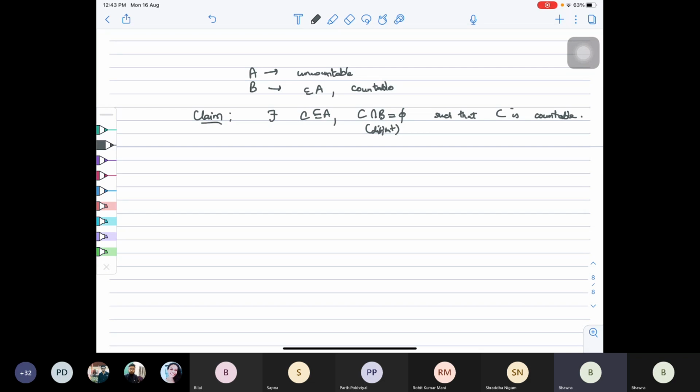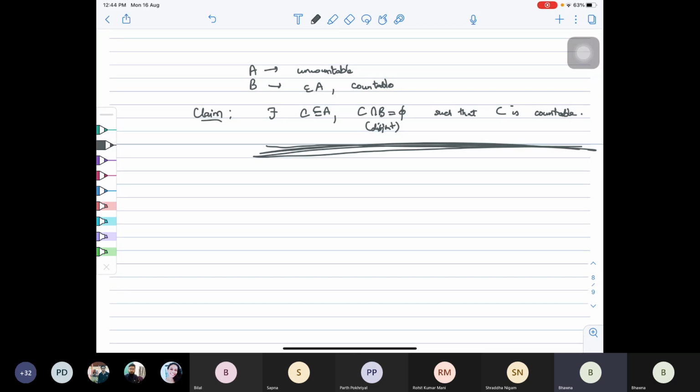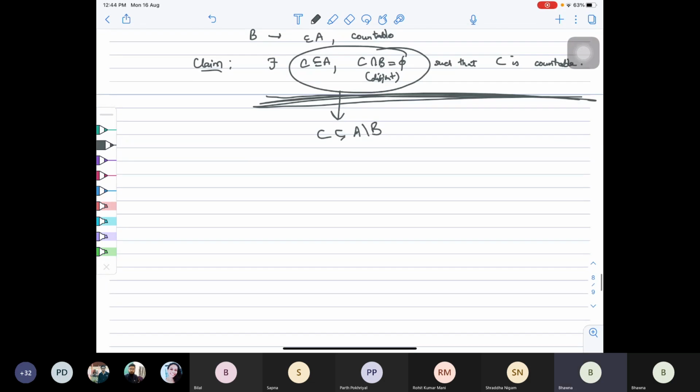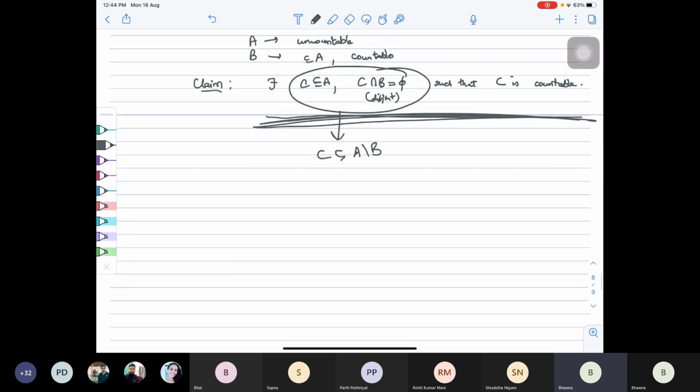What I was saying is why such a set was available: this is my claim that there will exist a subset C of A such that C intersection B is phi. This means that C is contained in A minus B. Just to make it clear. So why so?